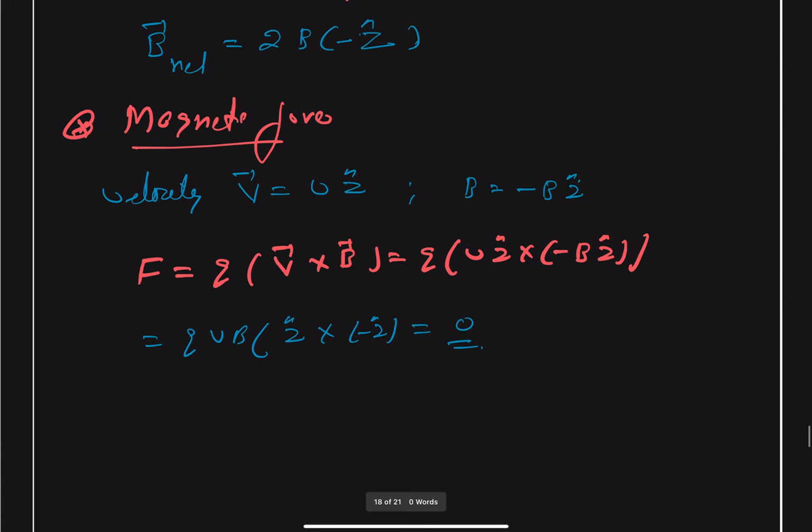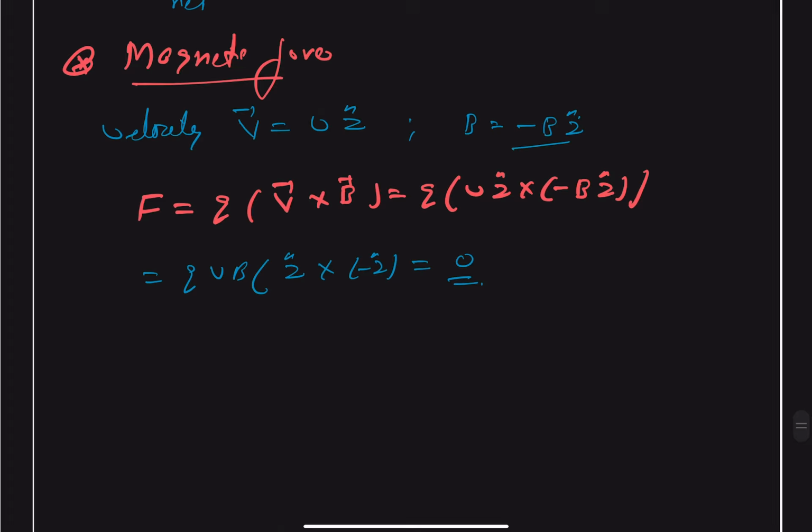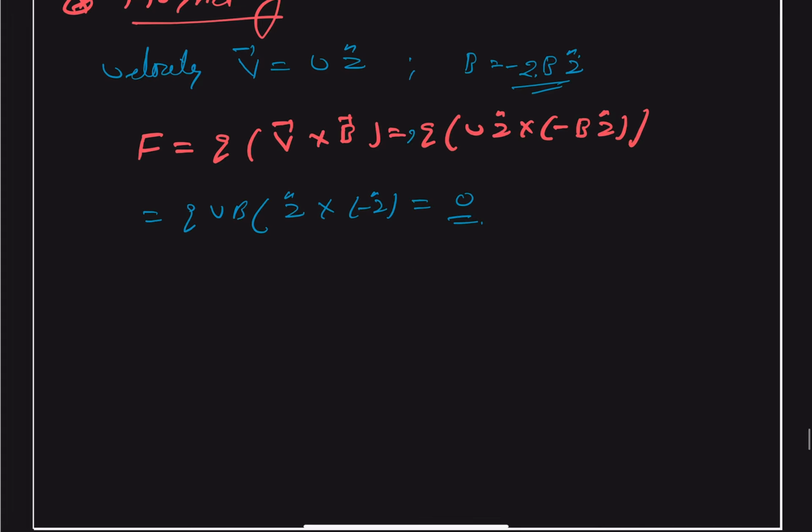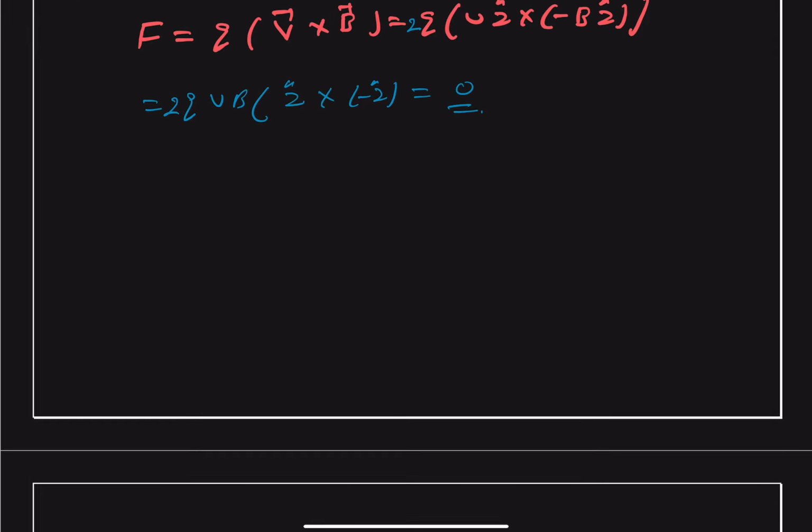And here there is no need to write 2 because we are only interested in the magnitude as well as direction. Even if you put it, it's not going to serve any purpose. You can just write 2 here and 2 here, ultimately the answer will be 0.